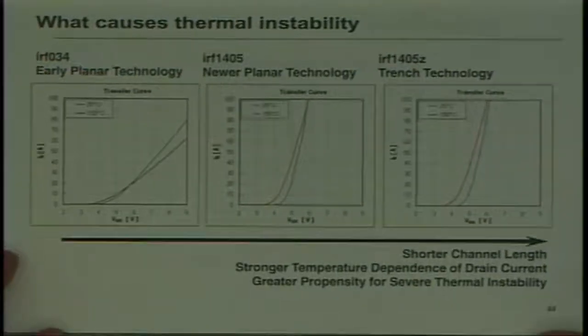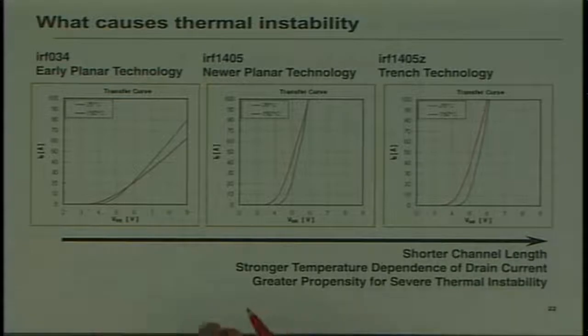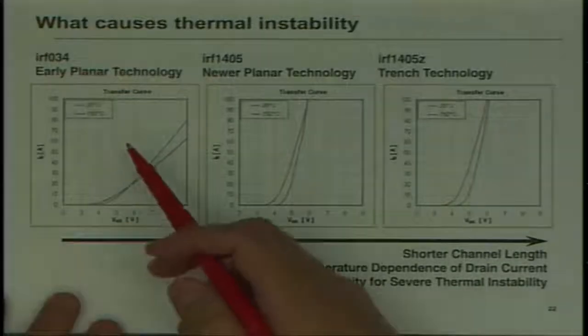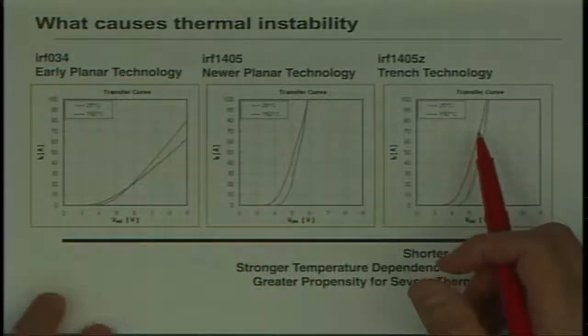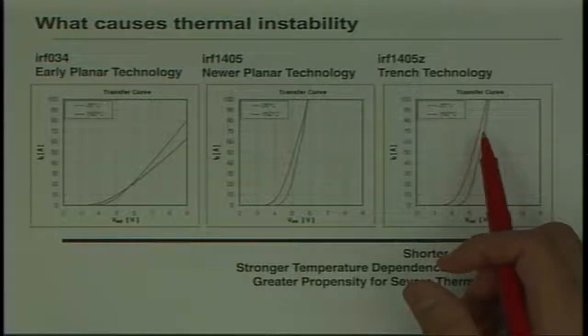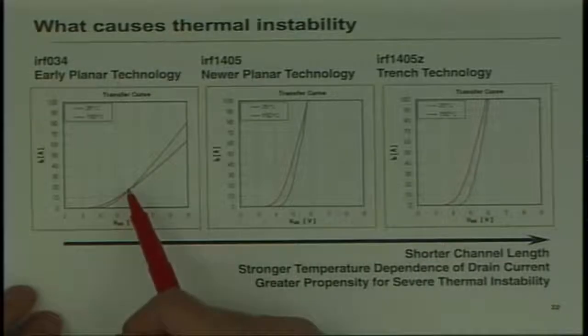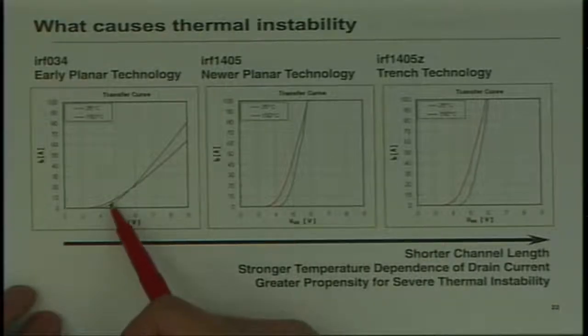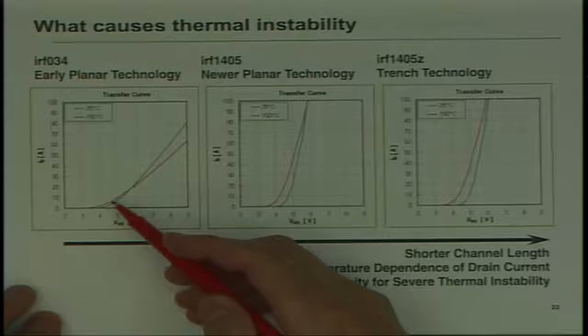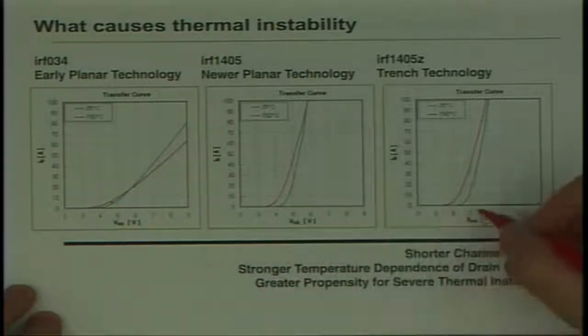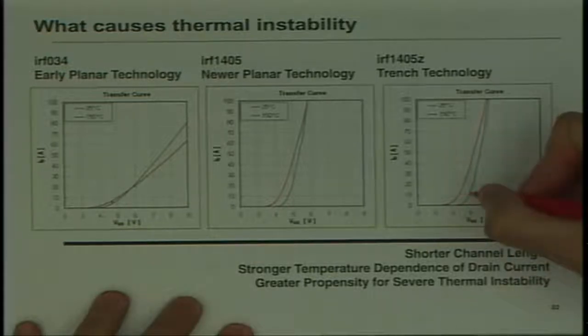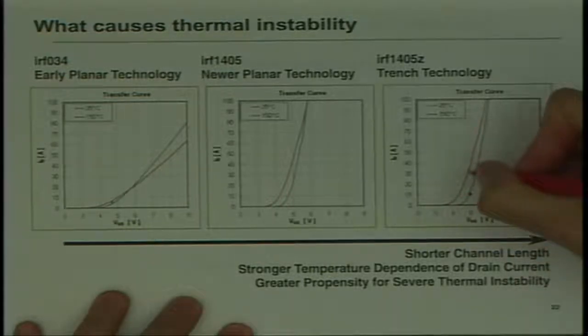And this is a result of what I showed you earlier, how you go from planar devices to trench, all in the interest of getting higher current density, more current per unit area. So early devices had very small differences in delta ID over delta T. But as you get to more modern devices, you can see here, at 5 volts VGS, I could be at 10 amps or at 30 amps or maybe even 35 amps.